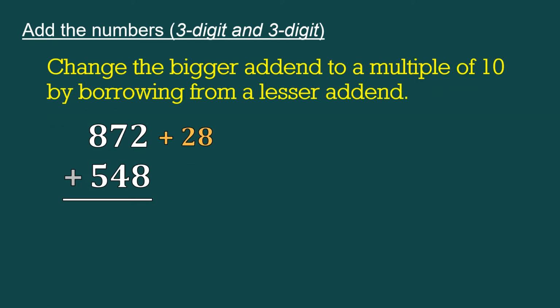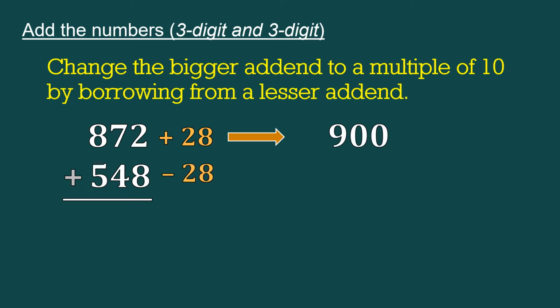Let's have another example of finding the sum of the three-digit addends. We have 872 plus 548. We need to add 28 to 872 to make a multiple of 10. 872 becomes 900.